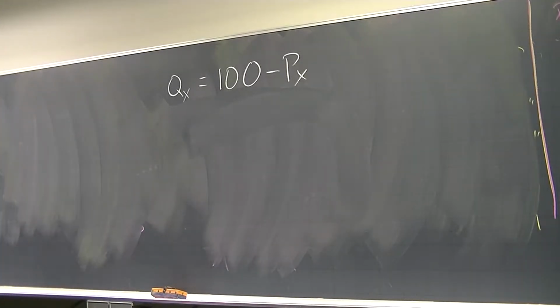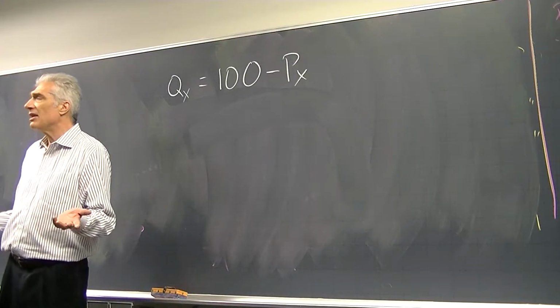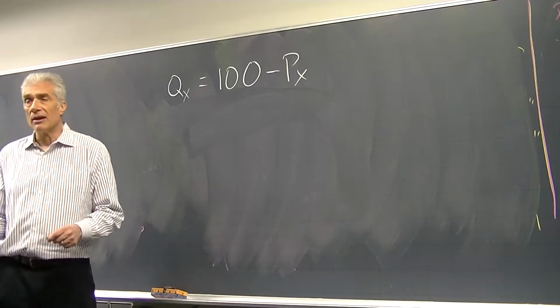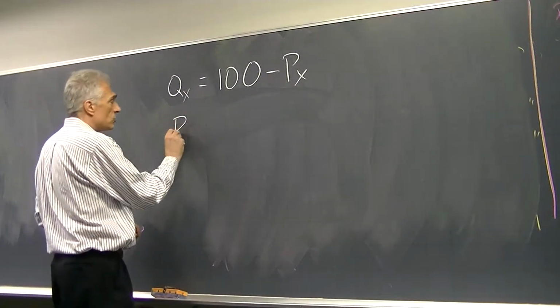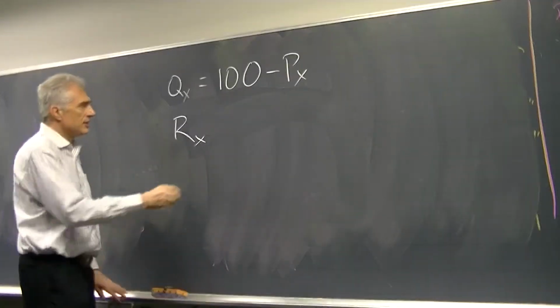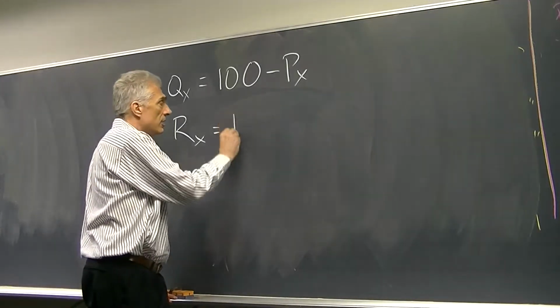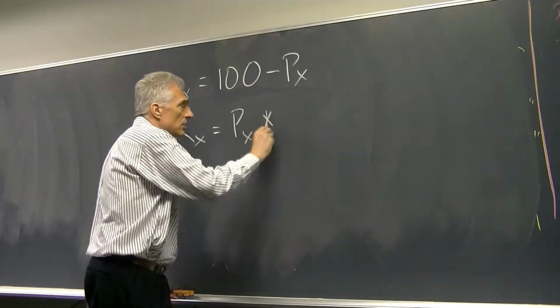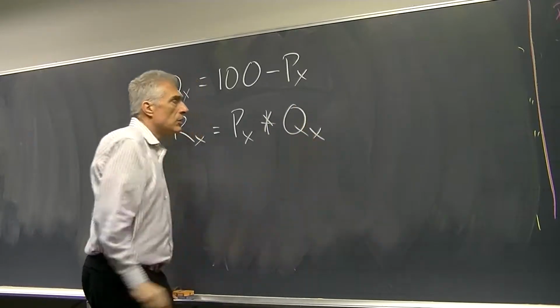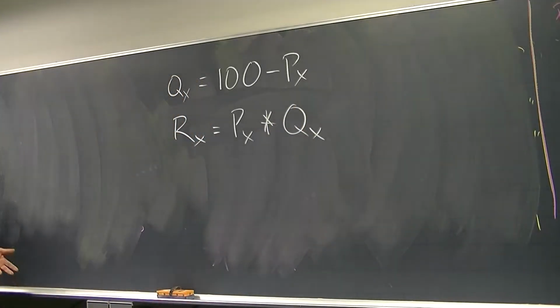Well, what's revenue? You have to remember the definition of revenue. Revenue is the amount of money that you take in. What's revenue for good x? That's your price times the quantity, px times qx. Simple enough.